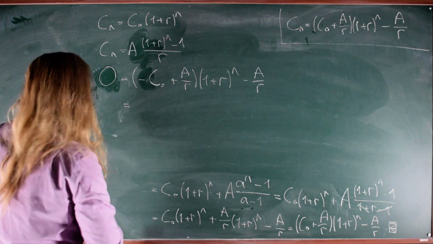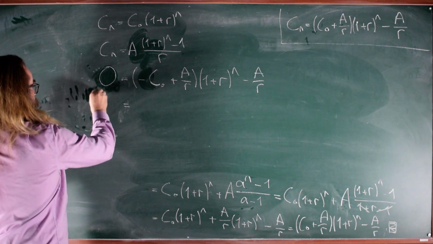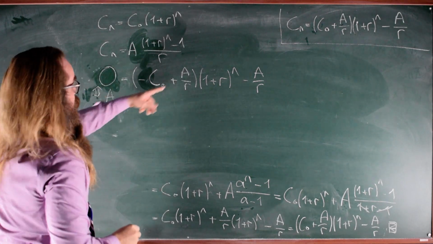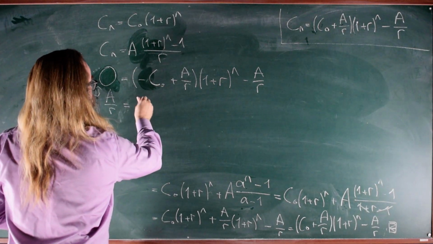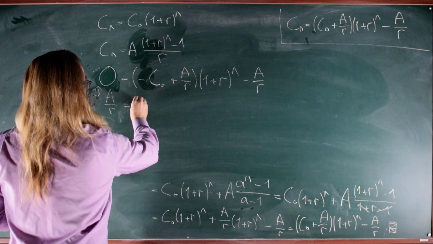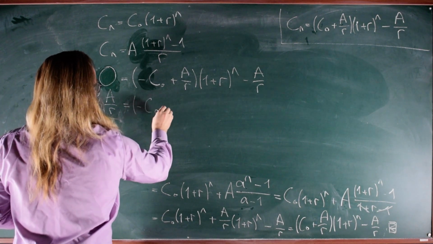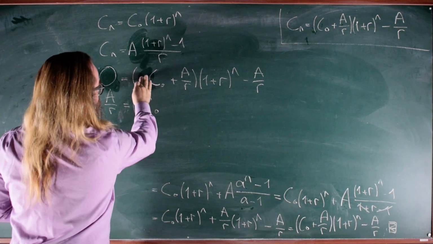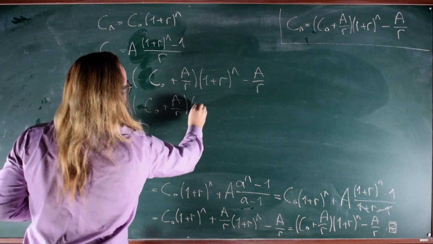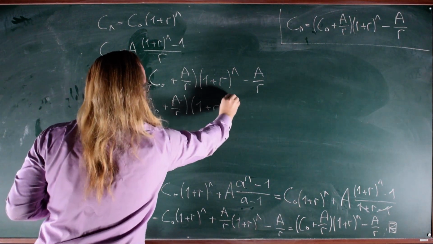All right. So then we get that a over r is equal to this whole thing, a negative number plus a over r times (1 plus r) to the power of n.